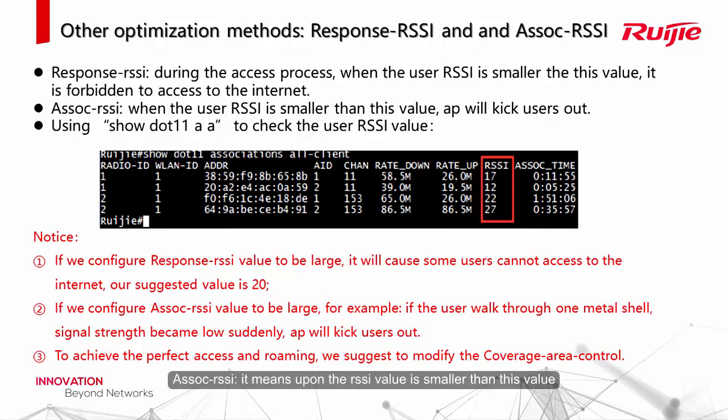Association RSSI means that once the RSSI value is smaller than its value, the AP will kick users out. We can use show aa to check the RSSI value. We do not suggest to configure this value to be very large, because if the signal strength becomes low suddenly, when a user walks through a metal shell, the AP will kick the user out. It will affect the user experience. Our suggested value is 20.